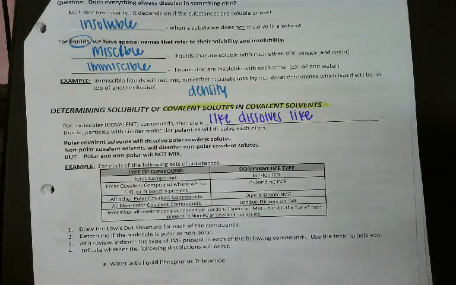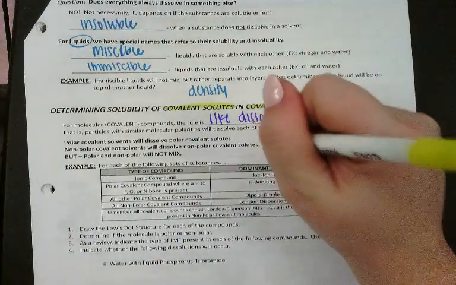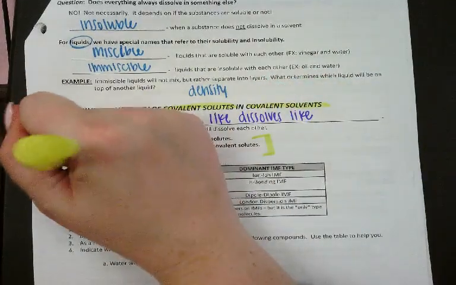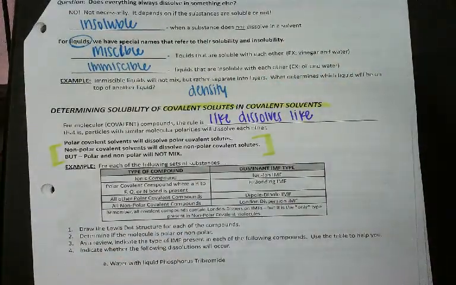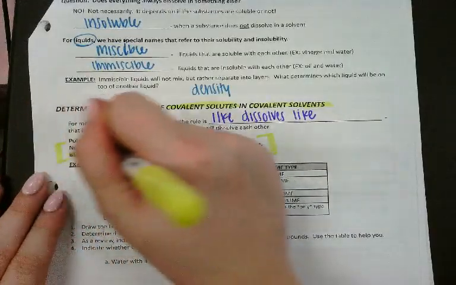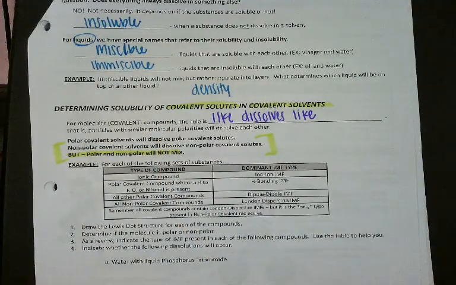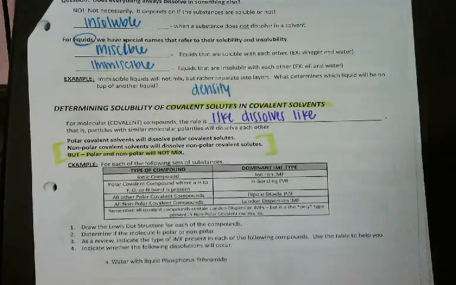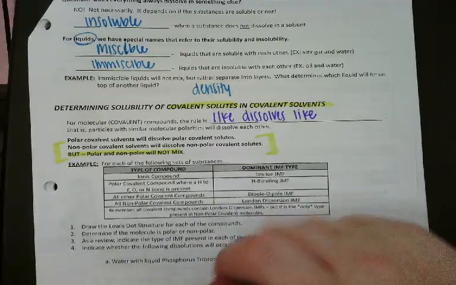Covalent dissolves covalent, but be more specific because it's not just covalent dissolves covalent. Polar dissolves polar. Non-polar covalent dissolves non-polar covalent. Like dissolves like. I can't say polar dissolves non-polar. Is that the same? Absolutely not. So that's where you get this: polar and non-polar do not mix because like dissolves like.